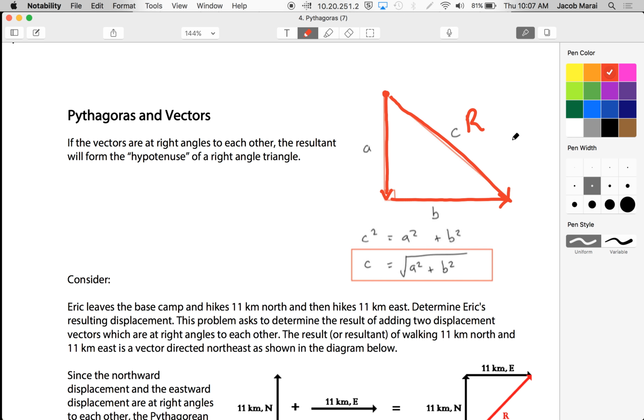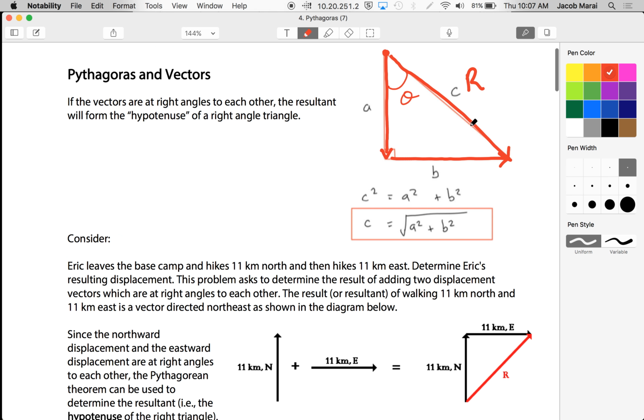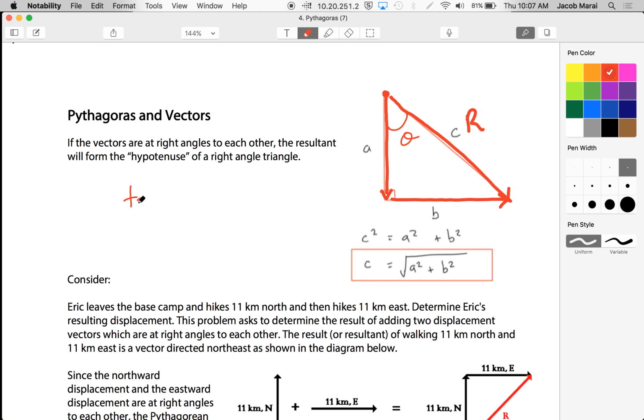Now we know how to solve for the hypotenuse. We use Pythagoras' theorem, and then we can also figure out the angle. Okay? Now, could you just write here that tan theta equals opposite over adjacent, and so theta is the arctan, or shift tan, of opposite over adjacent.